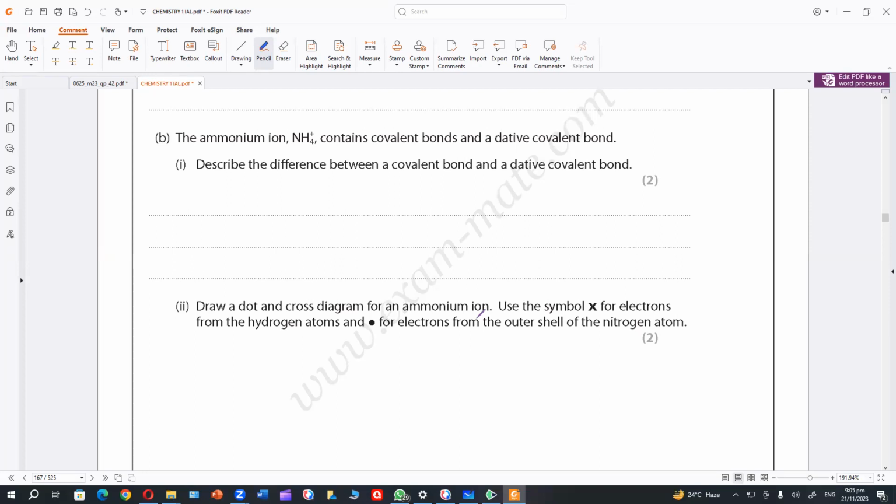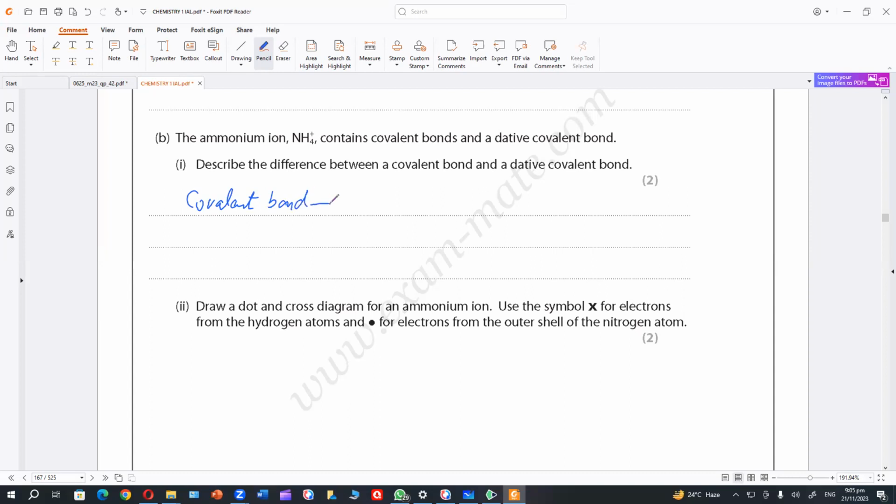This is a pure theory question. Ammonium ion contains covalent bonds and a dative covalent bond. Difference between a covalent and a dative bond, 2 marks. In a covalent bond, both atoms share an electron each.